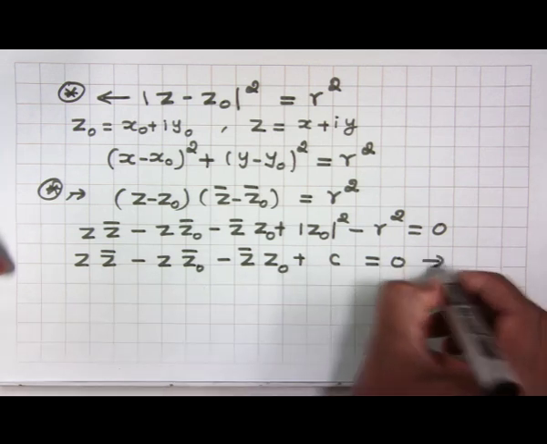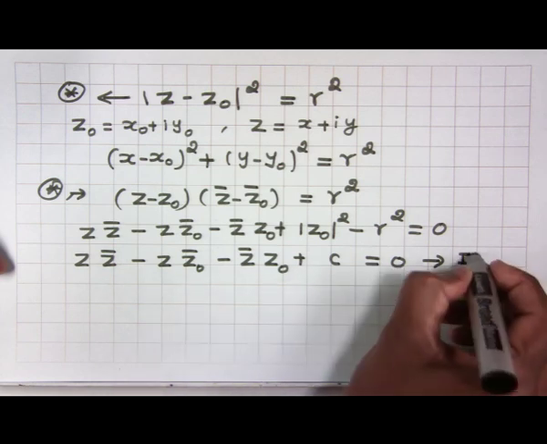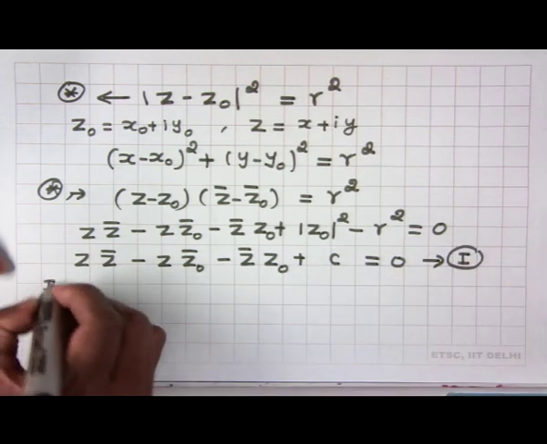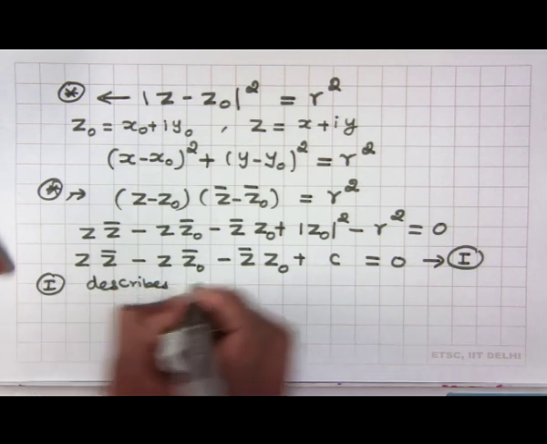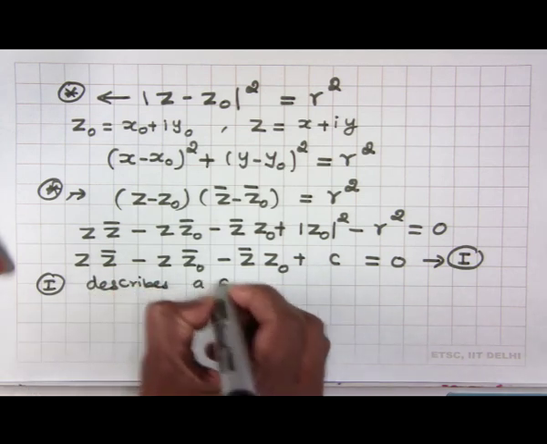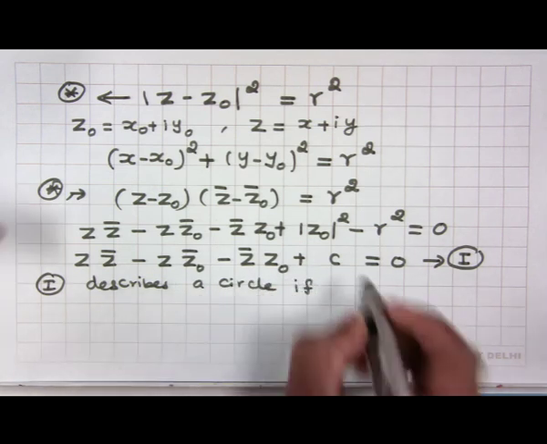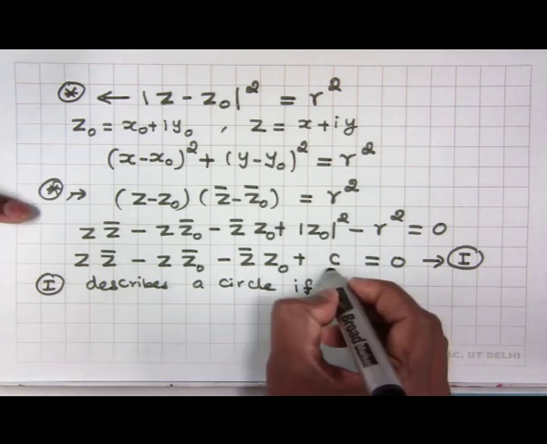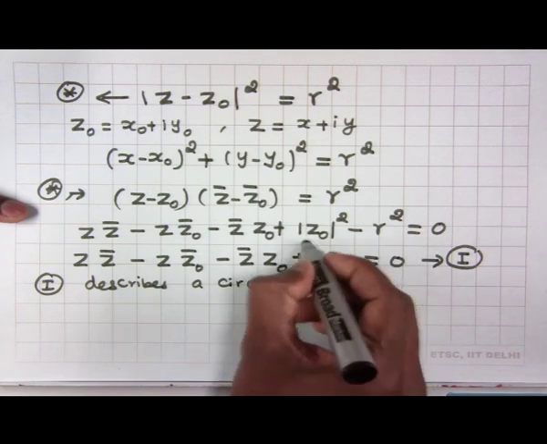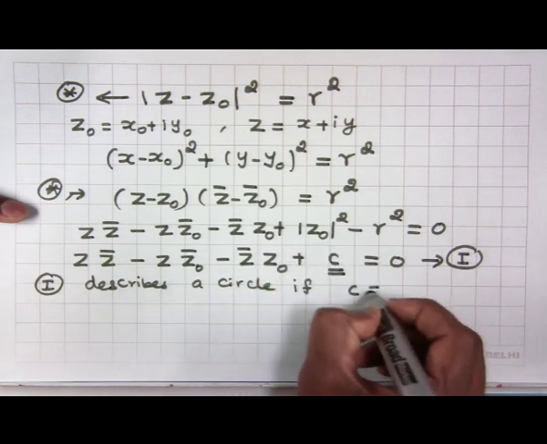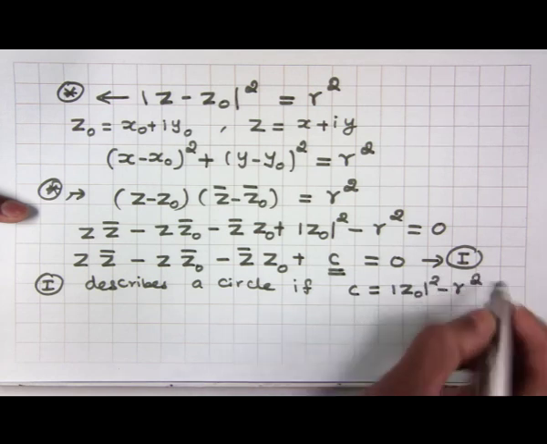So, let us call this equation 1. One describes the circle if, what is the condition? We only need to focus on C. C is nothing but mod z naught square minus r square.